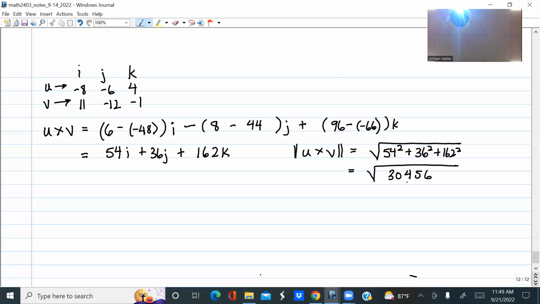So we would get here as our unit vector u cross v divided by the magnitude of u cross v.